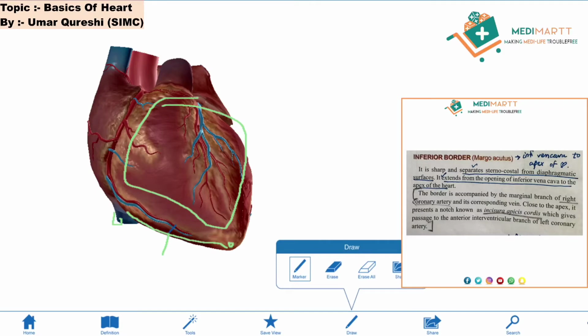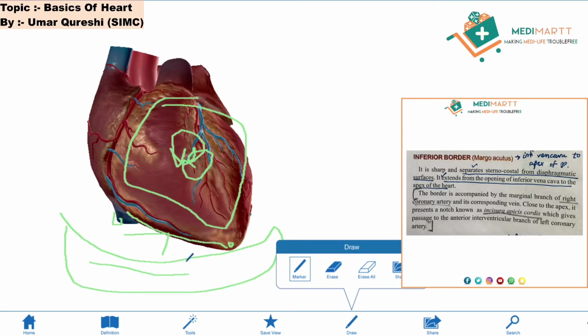Below the heart, the diaphragm is present. That's why the surface of the heart attaching to that diaphragm is known as the diaphragmatic surface. So basically the inferior border separates the sternocostal surface from the diaphragmatic surface.